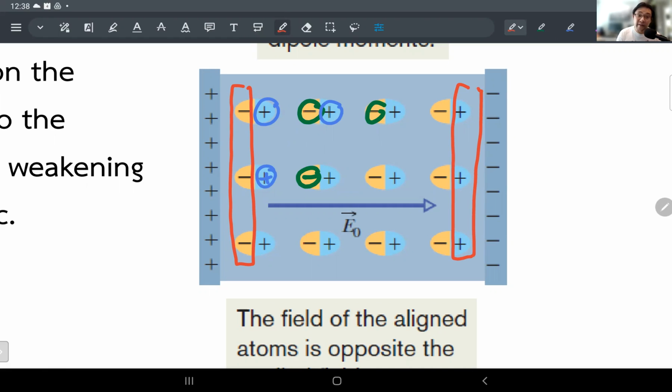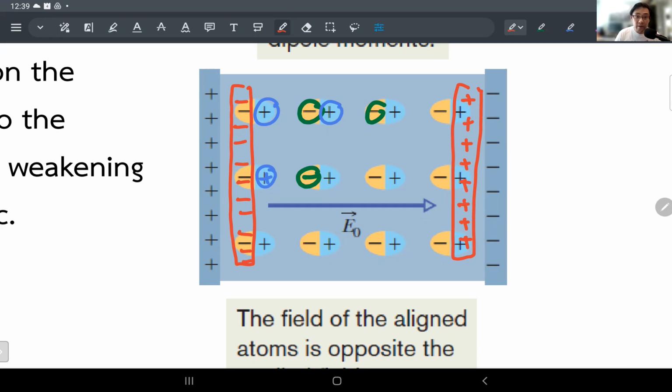So that means the surface of the dielectric material will behave as if there is a negative surface charge on the left of the dielectric material. And on the right, you build up a positive surface charge.